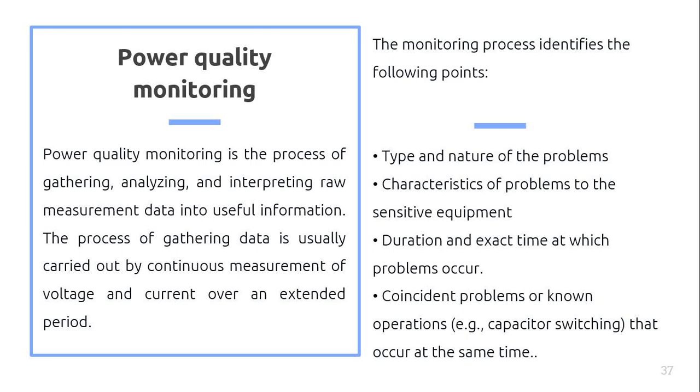First, the type and nature of the problem. After the monitoring, we will decide which type of problem occurs in your system. Next, the characteristics of the problem for the sensitive equipment, the duration and exact time at which the problem occurs, and coincident problems or known operations that occur at the same time.